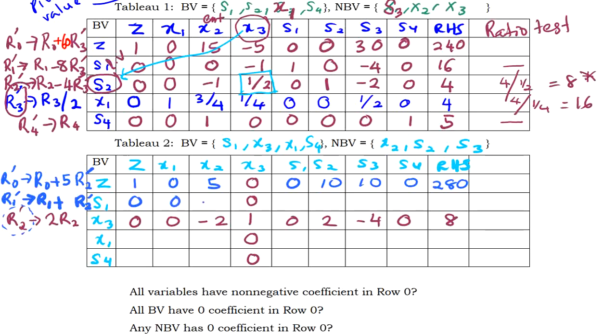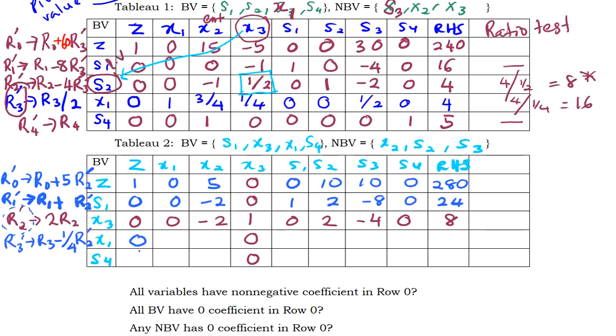Okay, so we obtain a new row for row 1 as 0, 0, negative 2, 0, 1, 2, negative 8, 0, and 24. For row 3, new row 3, and refer to row 2 new, because it's 1 over 4 here, so negative 1 over 4.